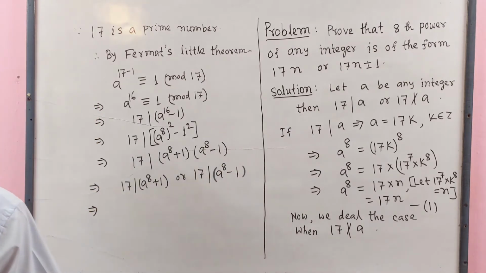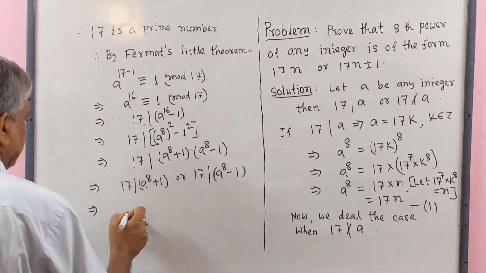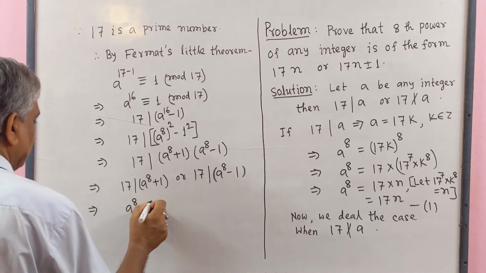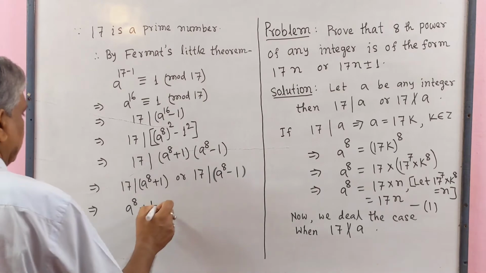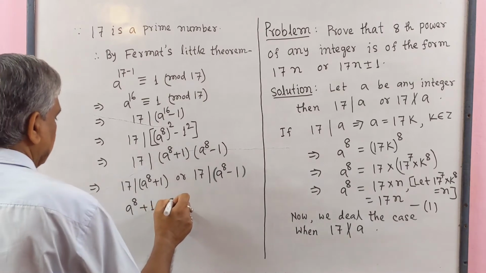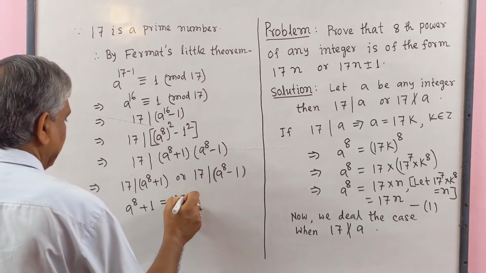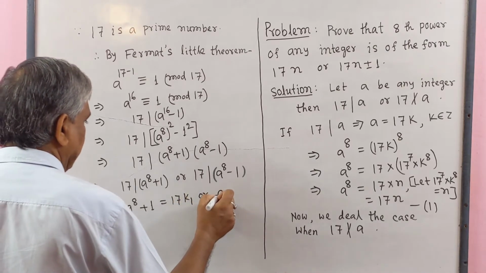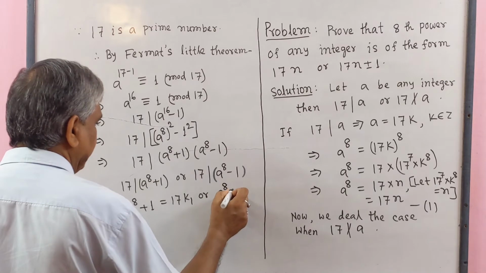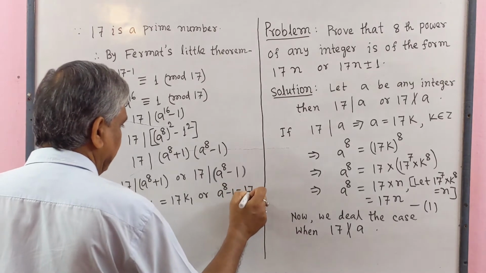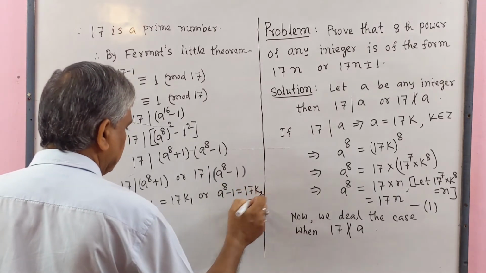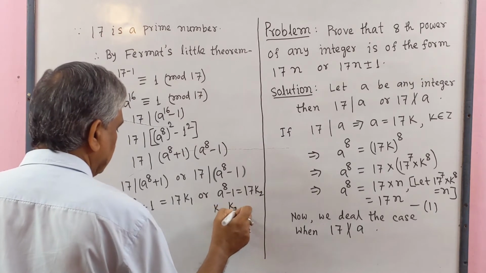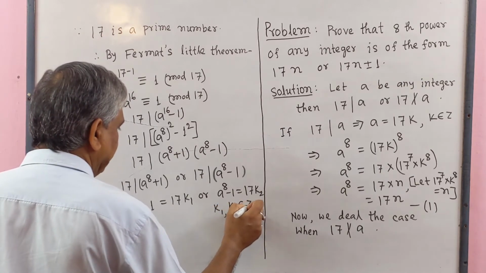Implies that a to the power 8 plus 1 equal to 17k1 or a to the power 8 minus 1 equal to 17k2. k1 and k2 are integers.